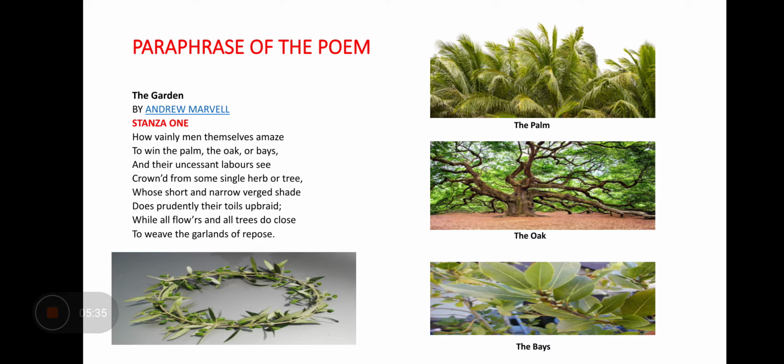The short and ever narrowing shades of these trees wisely rebuke such men for their hard labors, while all flowers and all trees act unitedly to weave garlands, these being the garlands of rest and tranquility, and therefore far superior to the crowns of leaves which those men seek.